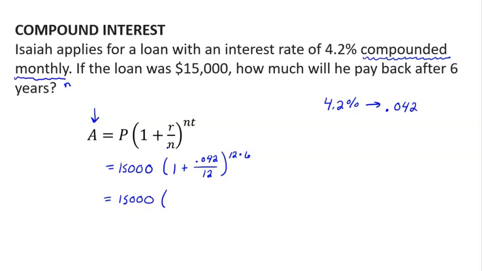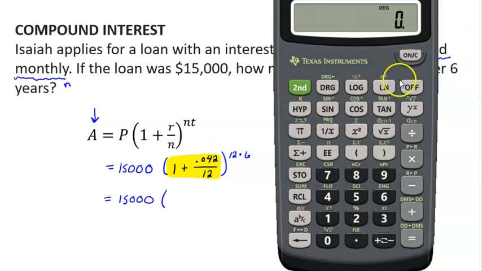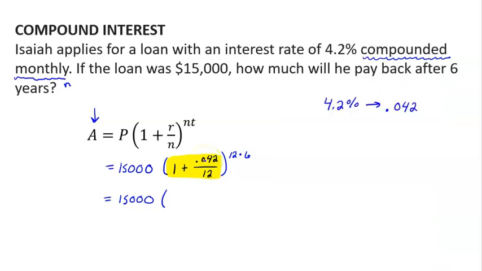And then for this, when they're asking for equivalent expressions, they might ask you to kind of put this in your calculator. That's the most common. And so 1 plus 0.042 divided by 12 gives us 1.0035.